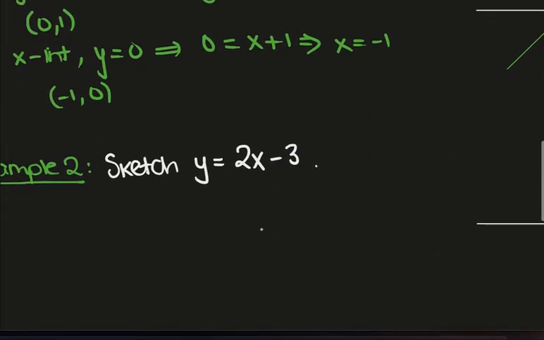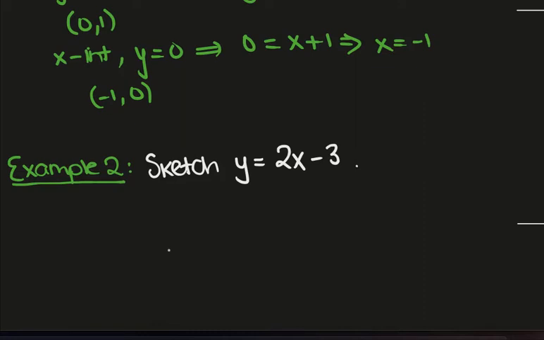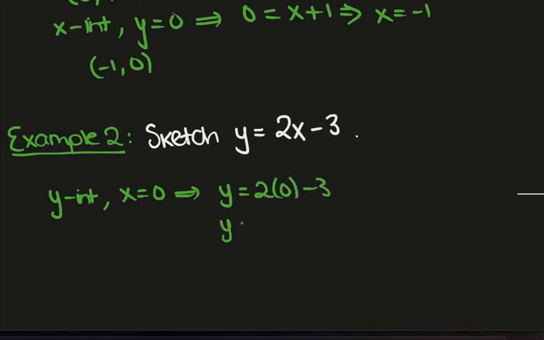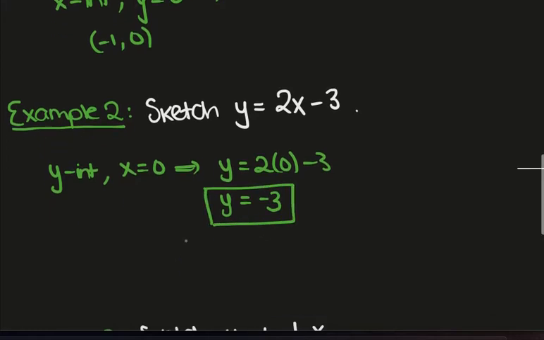Okay, let's look at a little more challenging example. So we have y equals 2x minus 3. The y-intercept occurs when x equals 0. So we see that y equals 2 times 0 minus 3. So y is minus 3. And the x-intercept occurs when y equals 0.